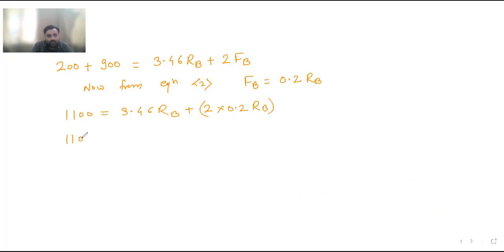So if you solve this, 0.46 RB plus, now do it, 2 into 0.2, 0.4, 0.4 RB. Now take RB common and do the addition and let me know the value of RB now. This is now simple calculation. Do it and let me know the answer. What is the answer RB?